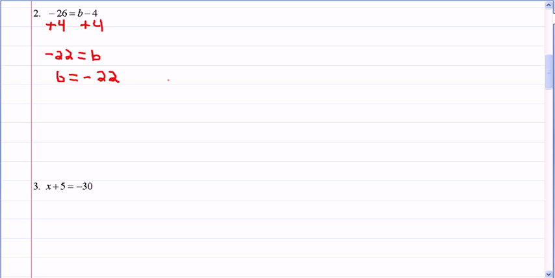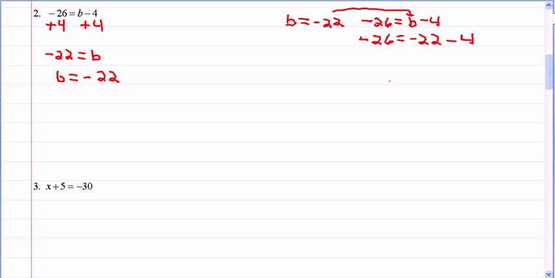But before I put a box around this, I want to check the answer. And I take negative 22 and substitute it in for b. And the left side of the equation is negative 26. The right side of the equation, since I'm subtracting signed numbers, I want to rewrite this as negative 22 minus a positive 4.